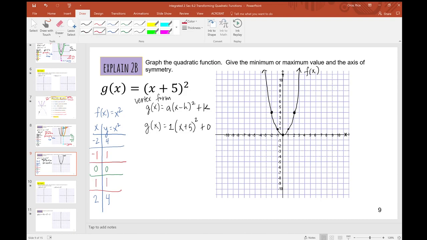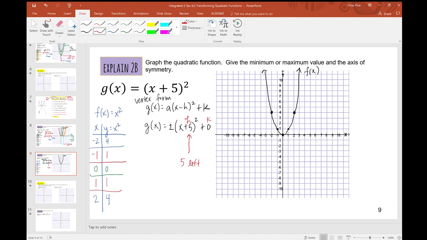Now let's identify h and k. H is 5. Remember, parentheses lie. So instead of going 5 units to the right, we're going to be moving our parabola 5 units to the left. That's our h value, and k is 0.